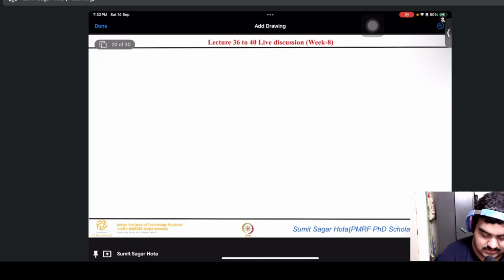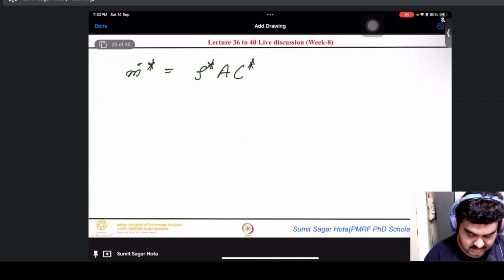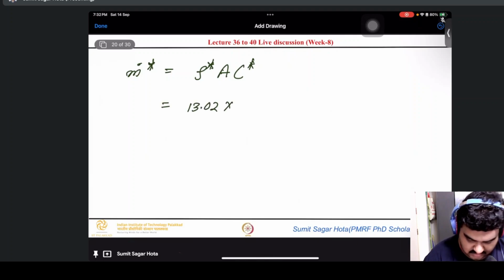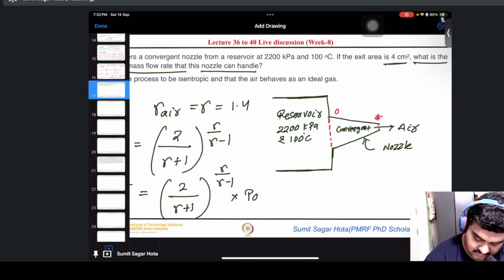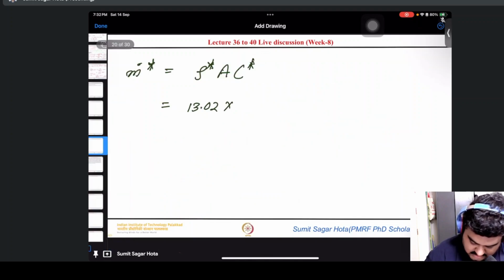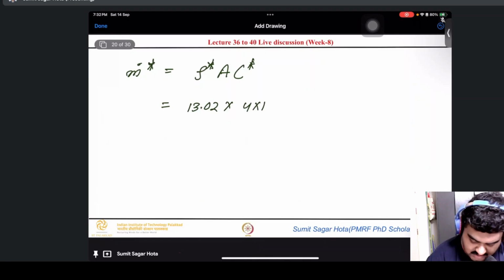Now we actually substitute into the m dot formula. M dot star is equal to rho star A C star. What is rho star? 13.02. And what is the area given in the question? 4 centimeter square, so 4 into 10 to the power minus 4 meter square.